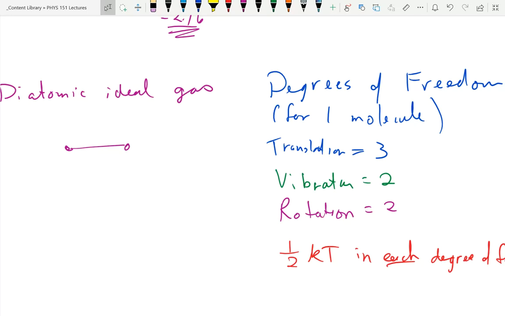Well, it still has the translational, so it has 3. And so for a monatomic ideal gas, the average energy is 3/2 kT. Notice I said the average. If you take the total number of molecules, N, the total energy is N times 3/2 kT.